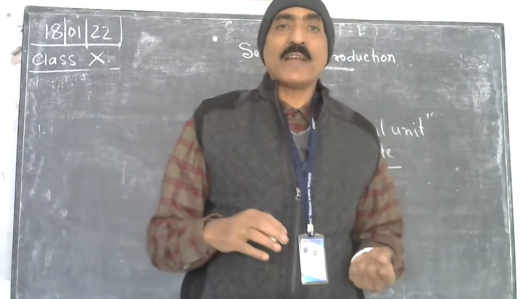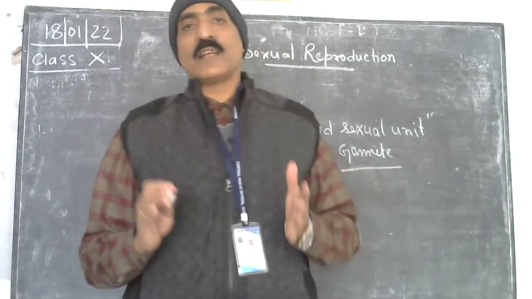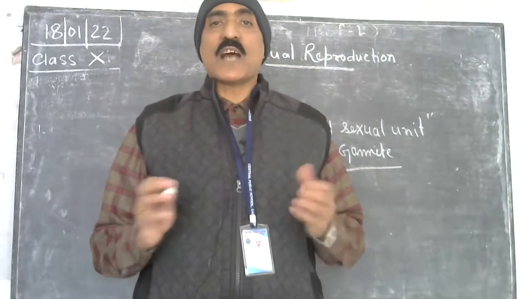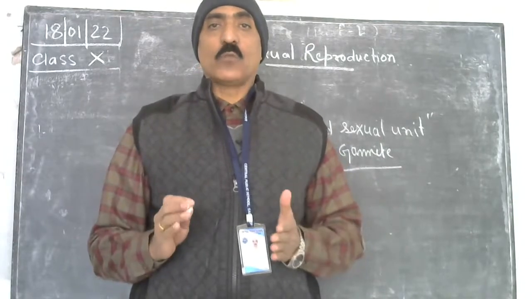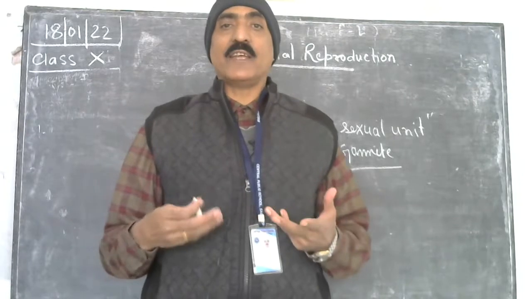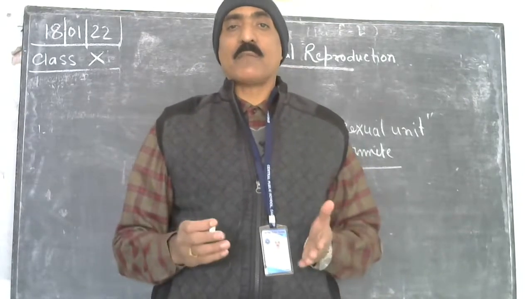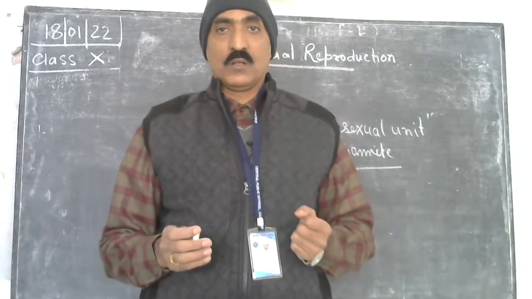Now, what is haploid? You should know that in our cells, in the nucleus, chromosomes are found, and those chromosomes remain in pairs. We are diploid animals. Our cells have paired chromosomes.